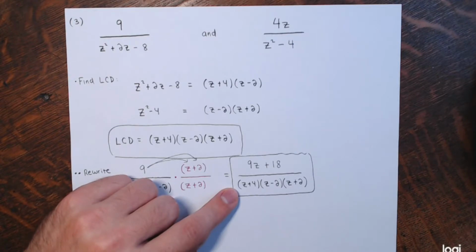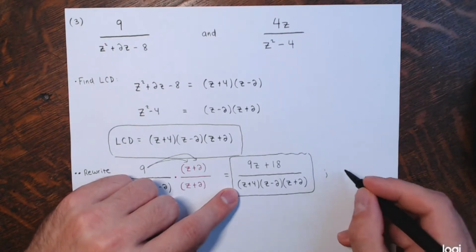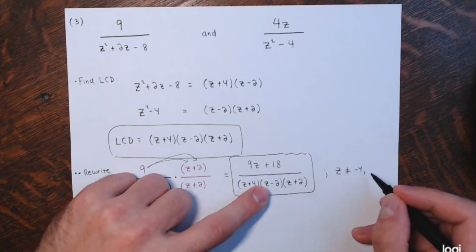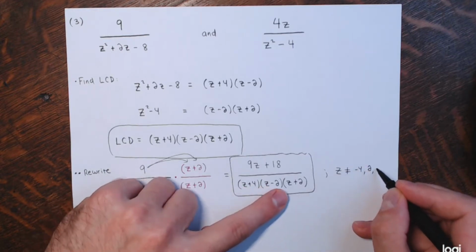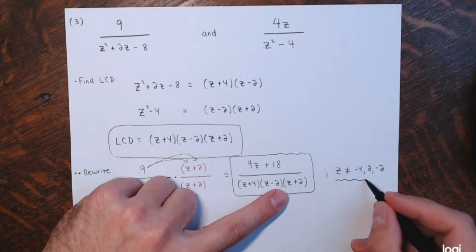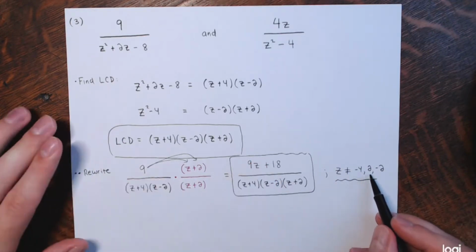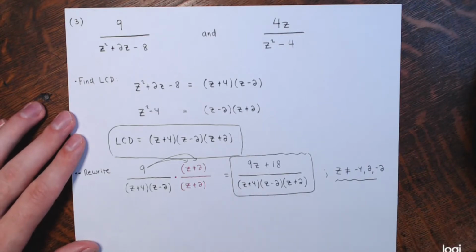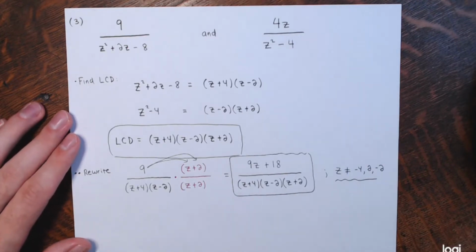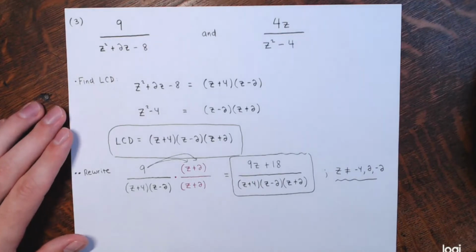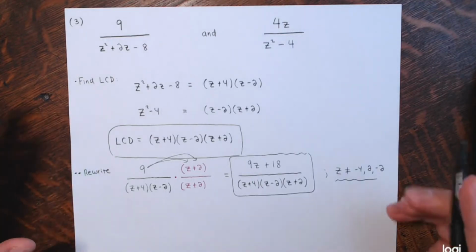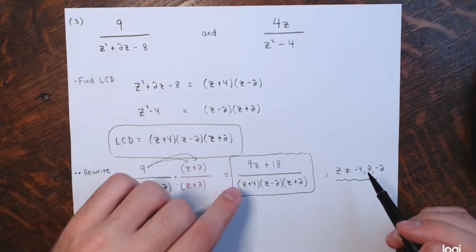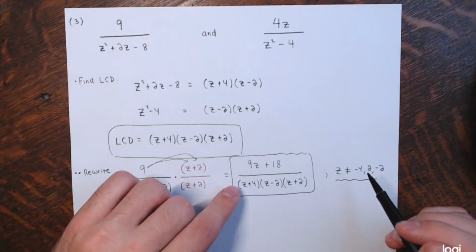They are equivalent fractions as long as z is not -4, +2, or -2. Because if you let z be -4, +2, or -2, you'll have a denominator of 0, and that's undefined. Dividing by 0 is bad. But for any other value of z, the value of this first fraction should be equivalent to the value of this fraction.